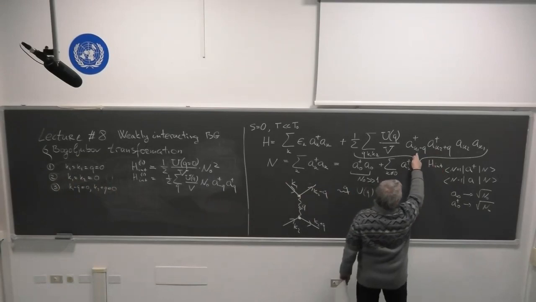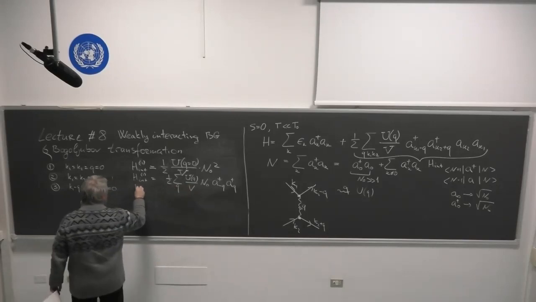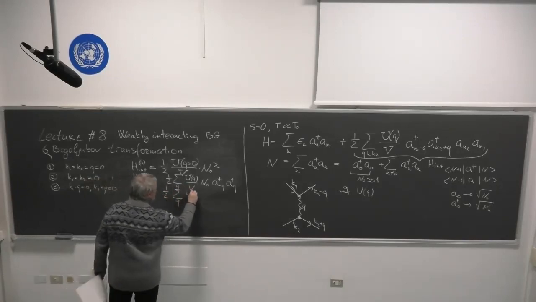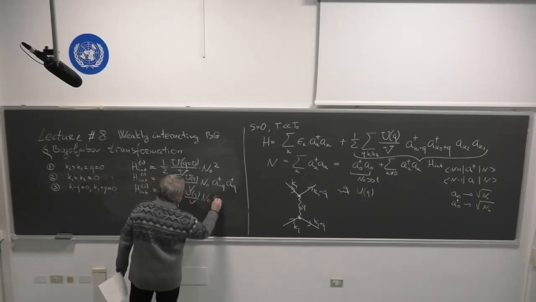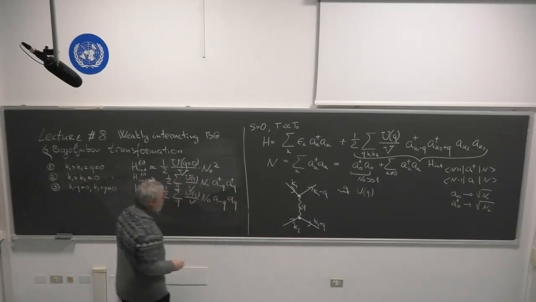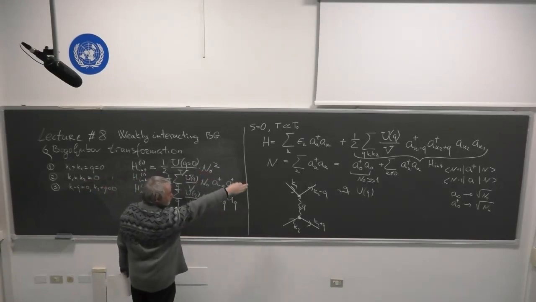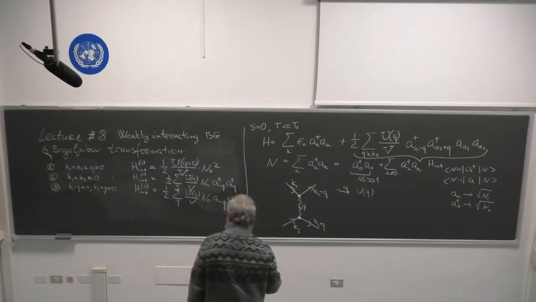It means that K1 is equal to Q and K2 is equal to minus Q. I have H interaction 3 equal to 1/2 sum over Q, U, Q divided by V, N node, A minus Q, A Q. So, you see that I already collected the leading term, which is a constant, which is proportional to the square of the large number, and first two terms, which are linear in N node.